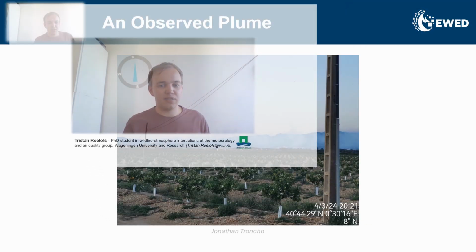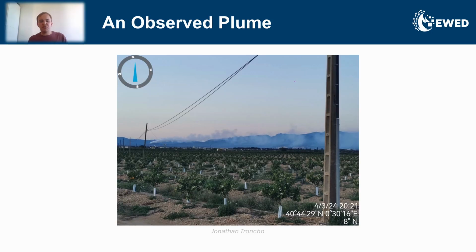For this video, we will use this specific plume as a case study to understand how the atmospheric environment determines the development of plumes. And I realized that this figure shows a plume originating from a factory stack, not from a wildfire.